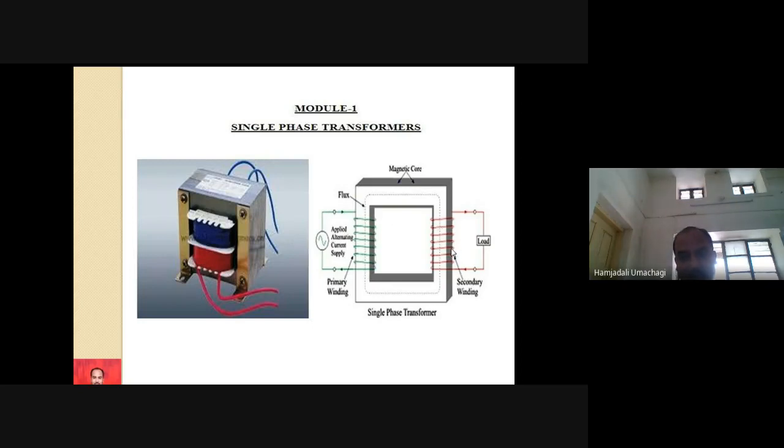What may the DC source do? It may cause overheating because of the losses, and the transformer may burn. So for safe and economical operation of the transformer, we should use AC supply.